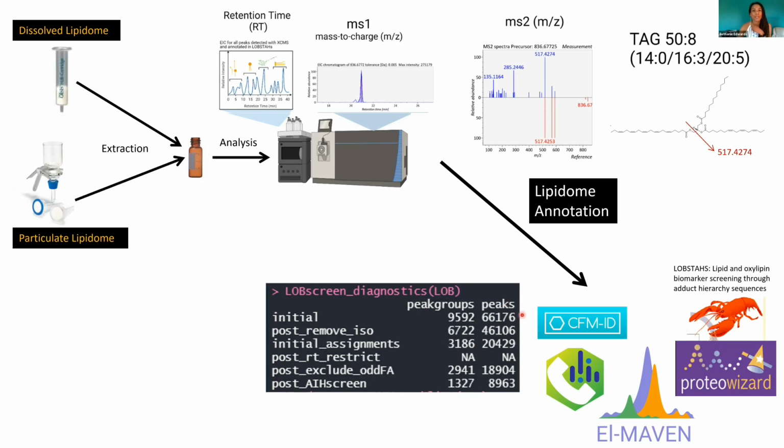we might start off with something like 66,000 different peaks, different compounds that we've identified. We can subtract out the naturally occurring isotopes, and you're left with something like 46,000 different peaks. And then you can apply or search against some of these databases, and you might be left with something like 9,000 annotations that you can then go through and compare to a spectral library and get really confident annotations.